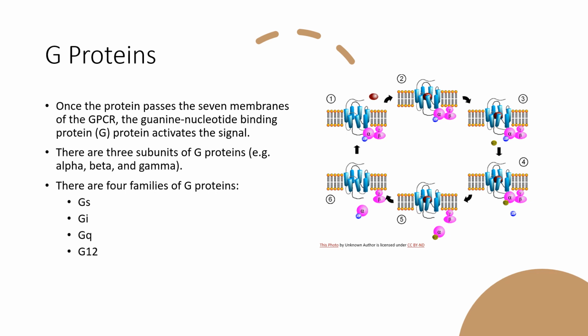So on the diagram on the right, you have the 7 transmembrane protein, or the GPCR, and the receptor activation leads to a change in the G protein where it triggers the release of guanosine diphosphate, also known as GDP, and that is the smaller purple oval right next to the 3 subunits of the G protein, as you can see in steps 1 and 2.